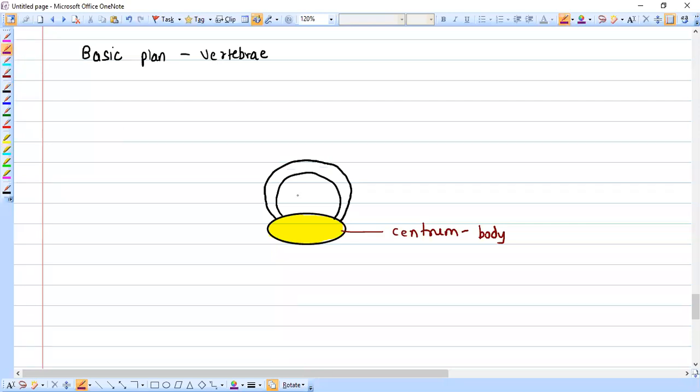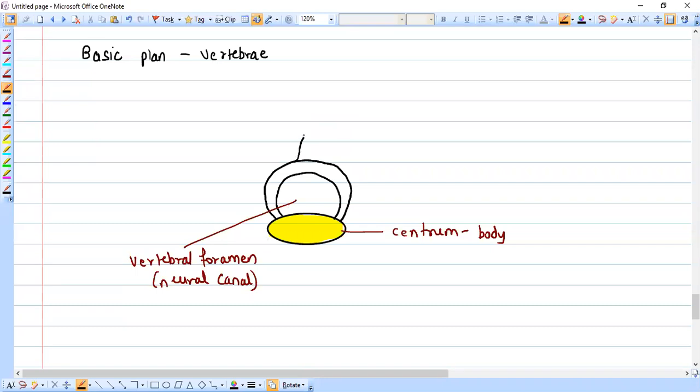This space that you can see in the center here is called vertebral foramen, and this vertebral foramen is actually the space that will allow the passage of neural, you can say spinal cord, therefore it is also called neural canal. So vertebral foramen, which is also called neural canal, will allow the passage of the spinal cord.